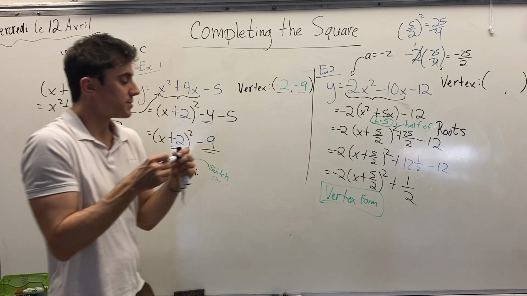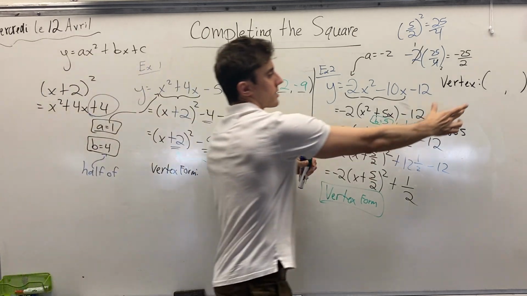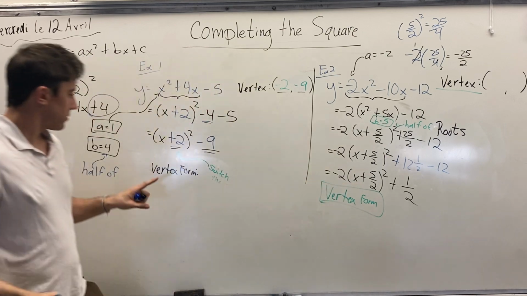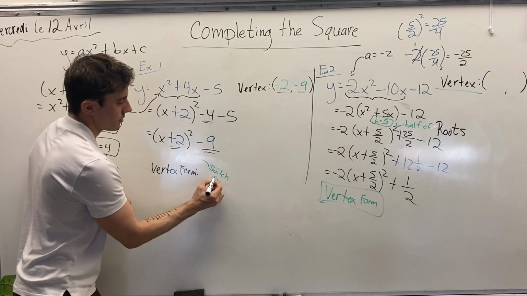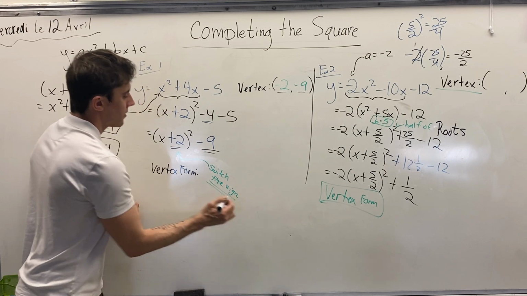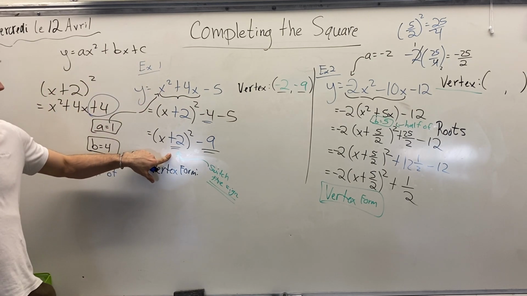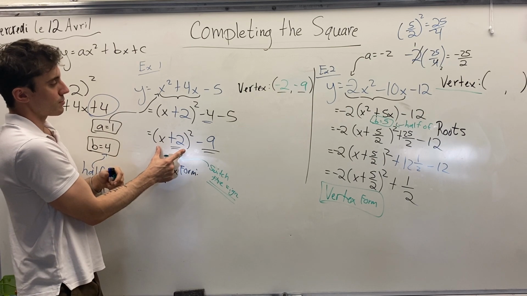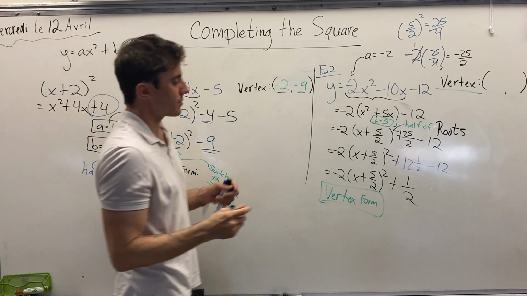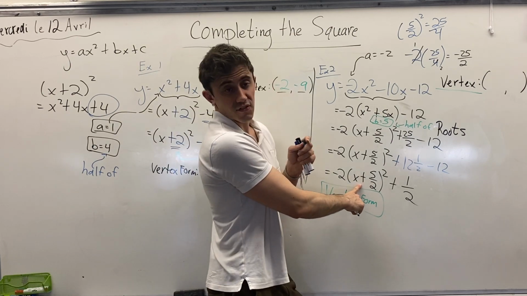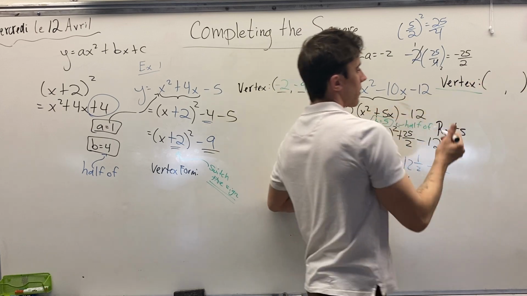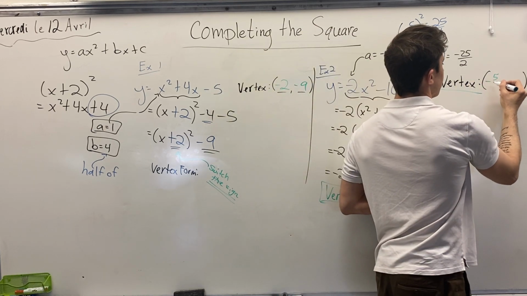And the reason being is because we can readily read off the coordinates of our vertex, which is what we were after all along. Again, we switch the sign for the x coordinate. And so in the first example, we had x plus 2, and so our x coordinate for the vertex was negative 2. We're going to do the same thing in this case. We have x plus 5 over 2 in the function, and so the x coordinate of our vertex will be at negative 5 over 2.